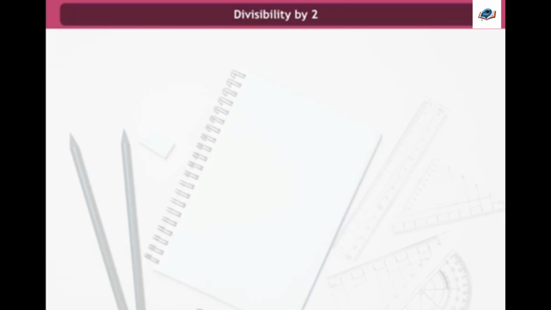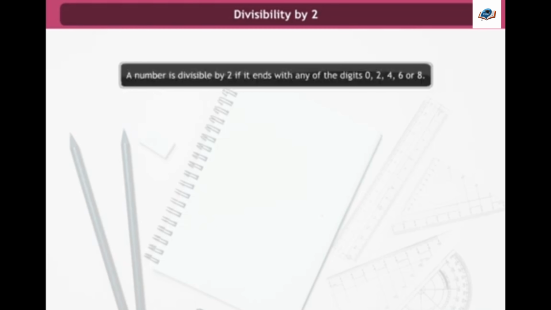Divisibility tests of numbers. Divisibility by 2. Here are some divisibility tests which let you test if one number is divisible by another without having to do much calculation. A number is divisible by 2 if it ends with any of the digits 0, 2, 4, 6 or 8. For example, 512, 4720 and 368 are divisible by 2.